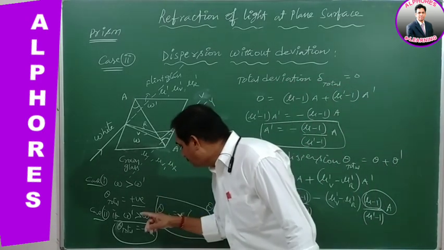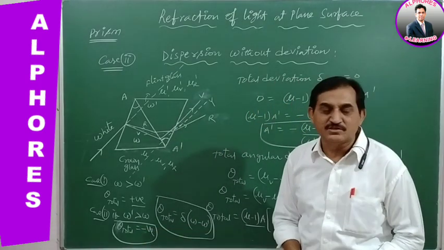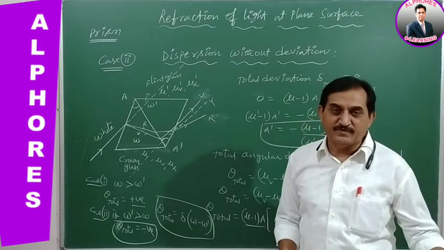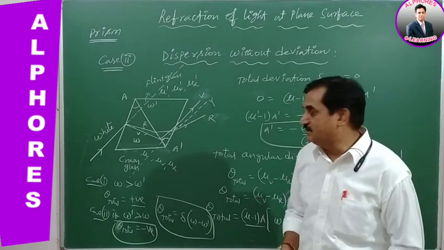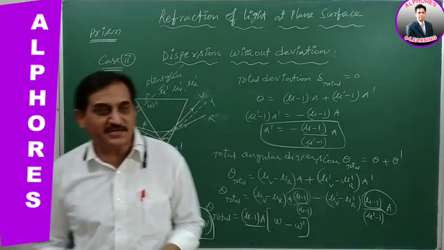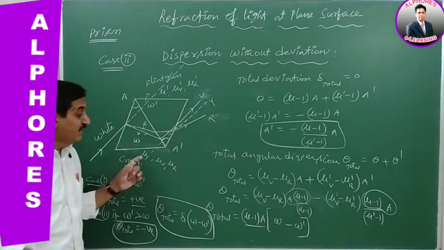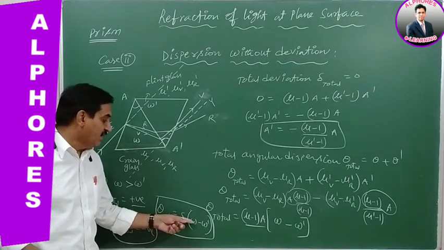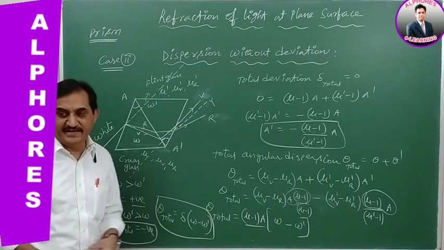The total dispersion is negative in the sense that an inverted spectrum is the final result for the emergent light ray. So here the deviation is nullified by this combination, but the total angular dispersion is given by delta of omega minus omega dash.